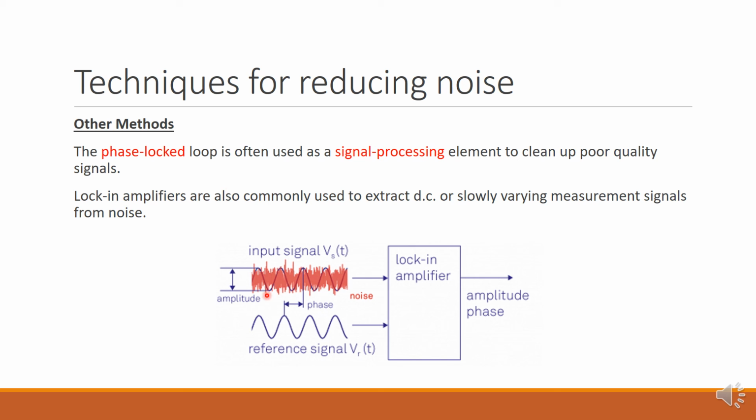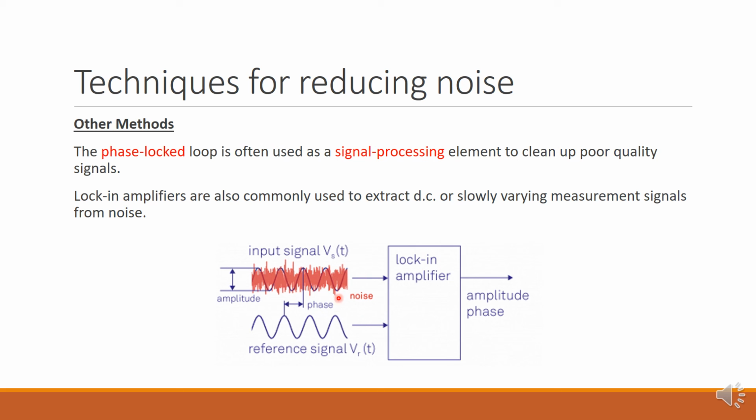For example, the usage of a lock-in amplifier, when your input signal is already interrupted by noise. The lock-in amplifier extracts the varying signal by referring to the reference signal.